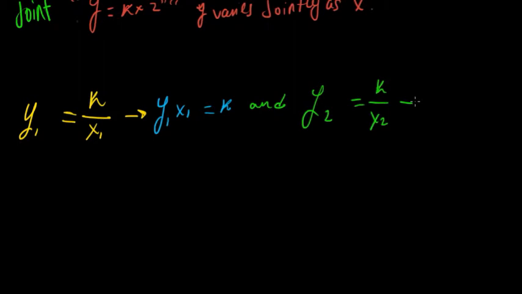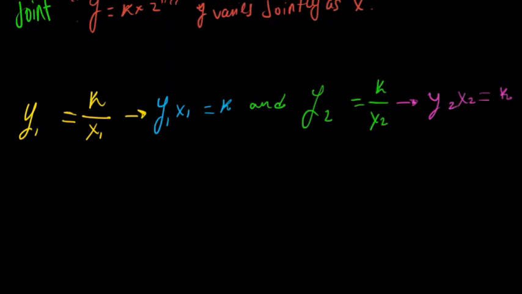We imply, let me write that in a different color, that k is actually equal to y2 times x2. Well, we have y1 times x1 is equal to k, and y2 times x2 is equal to k.